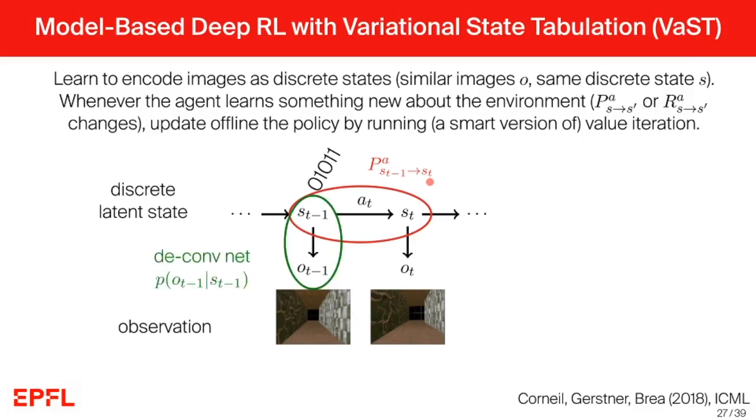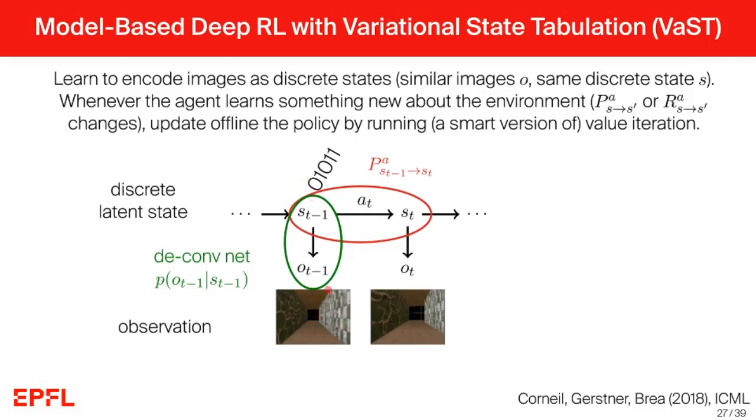Just as a little side remark about how we actually learned these discrete latent representations: what we used in this work was a deconvolutional neural network, which is like the inverse operation of a convolutional neural network, that takes these discrete states as input and produces images as output.